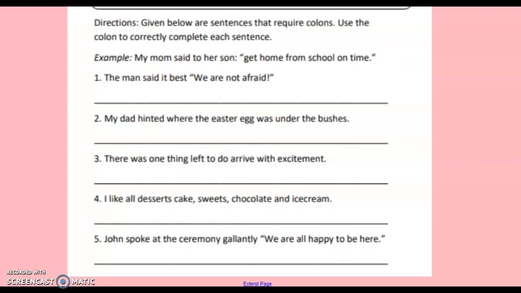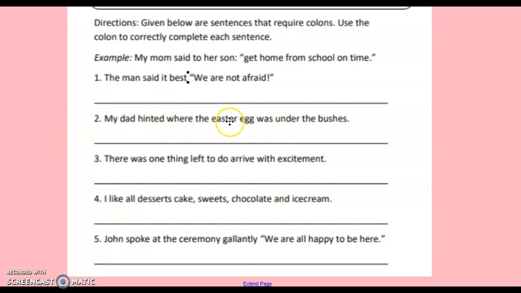You have some sentences here and you need to rewrite the sentence to show where the colon will be placed, okay? So the man said it best. We are not afraid. Okay, so remember, a colon can be used to introduce speech. So there, your colon would go here. So you would need to rewrite that underneath.